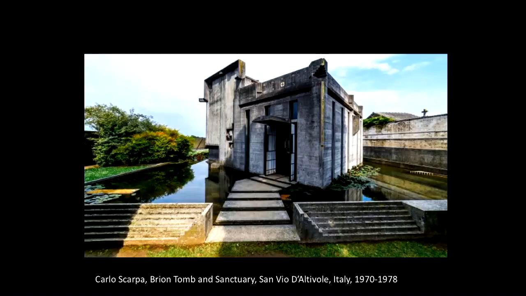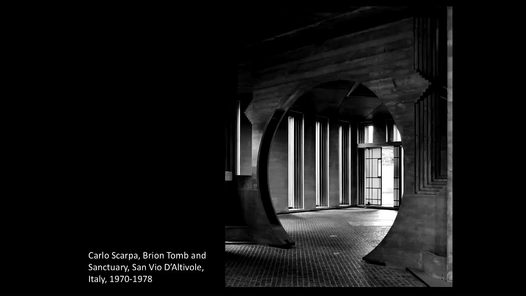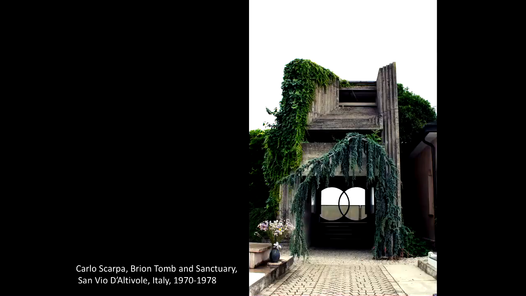Here are just some of the actual tomb here. Also note the use of water. We're going to see that in a couple examples today, and how water can be used in terms of reflecting. Here's another interior of the tomb, the entrance. And also I love how this kind of untreated concrete, right?